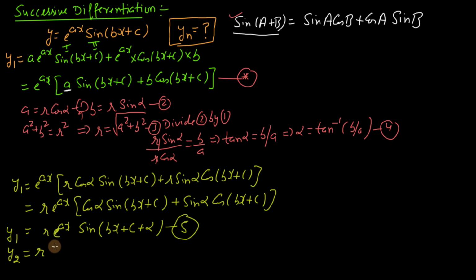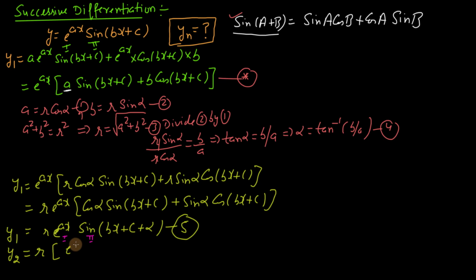Fine. Now again assume a first function and a second function, so I am again doing the same thing. I am differentiating e raised to the power ax first, then we will be differentiating sine.